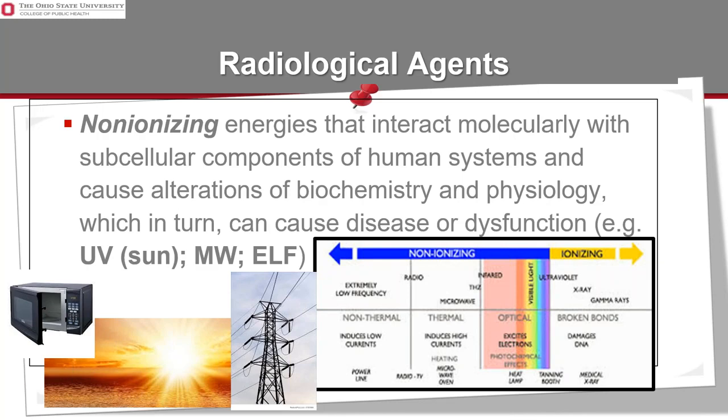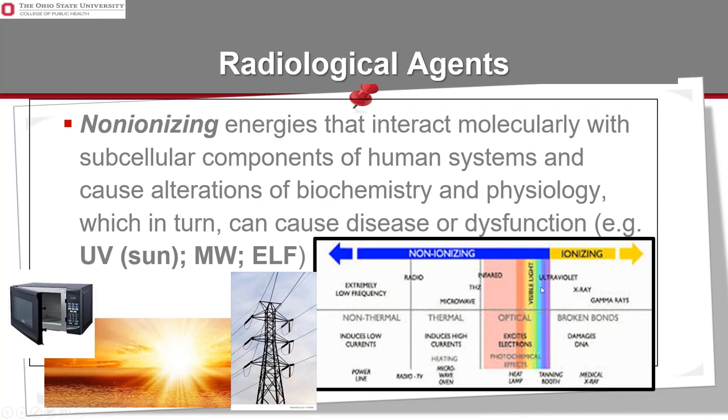So gamma rays and X-rays are electromagnetic waves, but they're categorized as ionizing radiation because the energy associated with them can initiate ionization reactions. The other forms of electromagnetic waves that you see in this diagram here, so the blue arrow, it begins with ultraviolet all the way over to the left, the extremely low frequency forms of non-ionizing radiation.